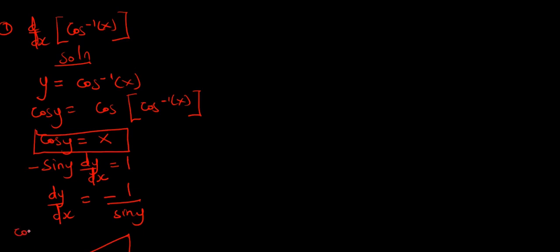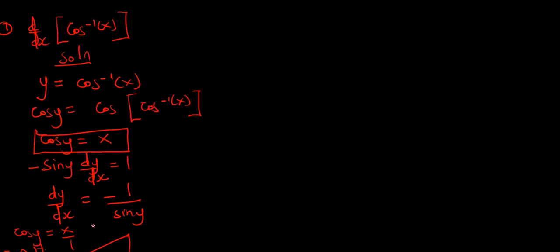Cos y equals x over 1. Per our SOHCAHTOA, we know that cos is adjacent over hypotenuse. What is the adjacent of y?